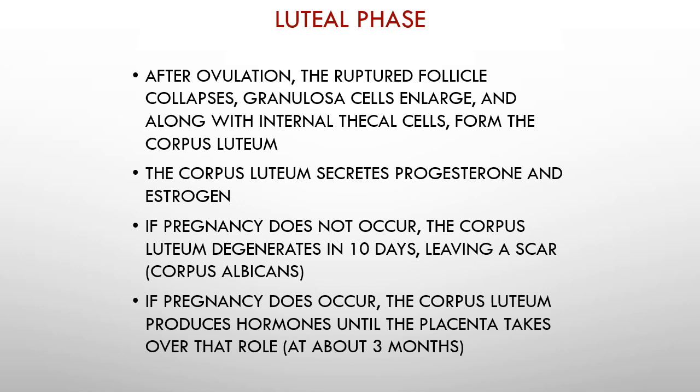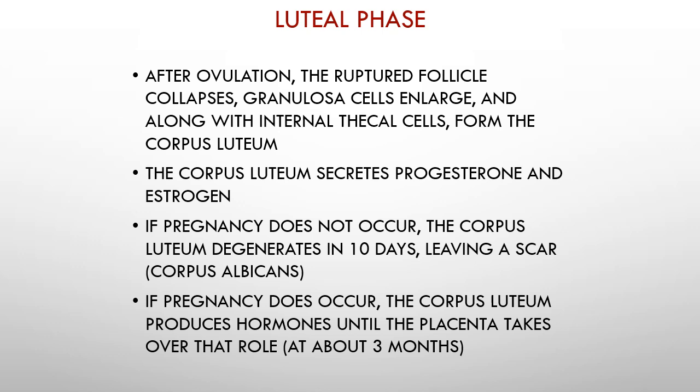So if pregnancy does not occur, the corpus luteum is going to degenerate and start to essentially decrease its hormones by day 10, or 10 days afterwards, so roughly day 24. So now we've got a drop in estrogen, we've got a drop in progesterone levels at this point. That leaves the endometrium of the uterus to start to degenerate as well.